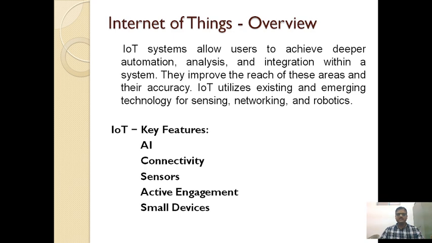There are some features of IoT. The most important features of IoT include artificial intelligence, connectivity, sensors, active engagement and small devices use. So we can briefly review these features, for example AI.